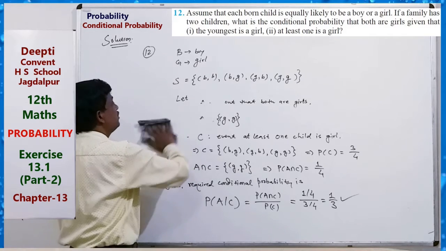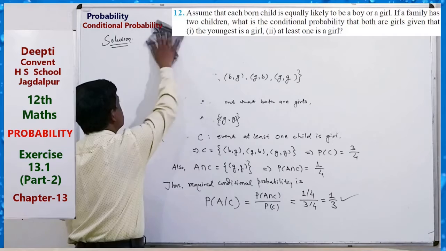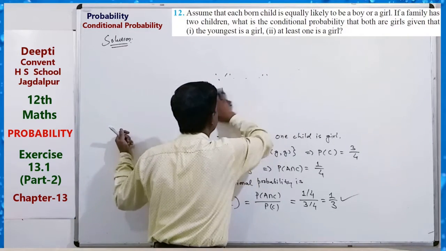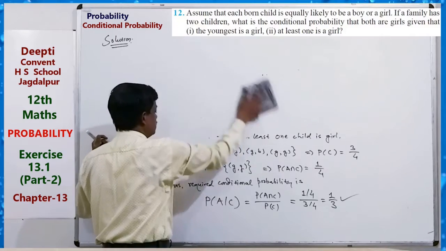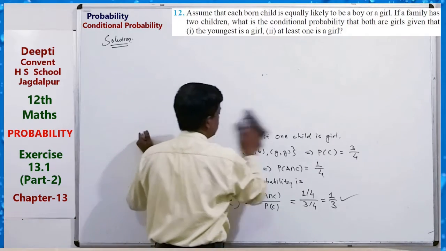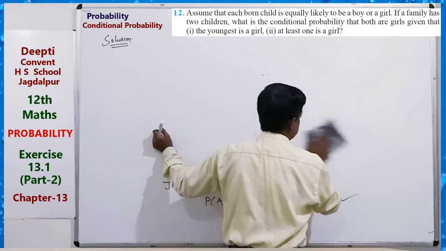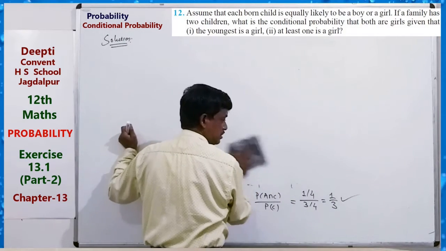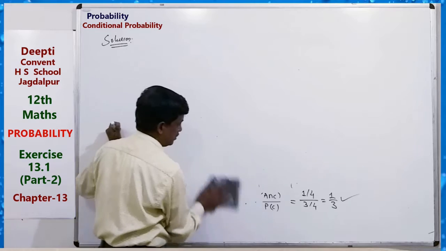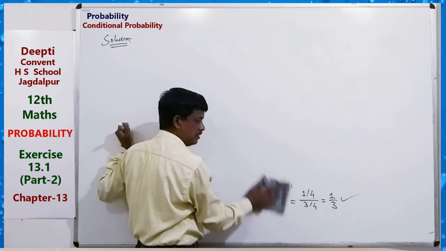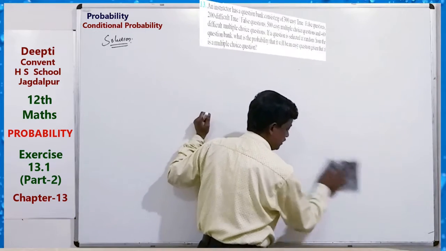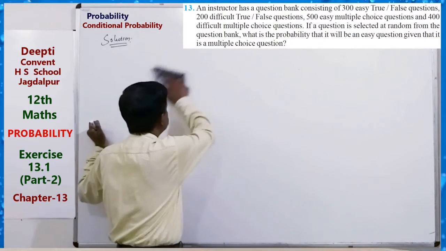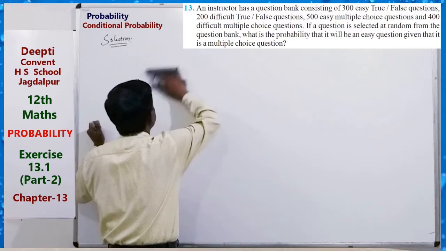Systematically, you have to write what the event is, what the sample space is, and for getting conditional probability, what the formula will be. Just use it and you can get the required probability. Okay. So last, just take question 13. Just read these questions very carefully.